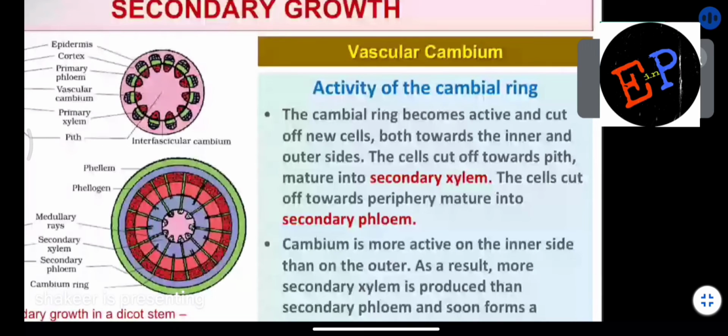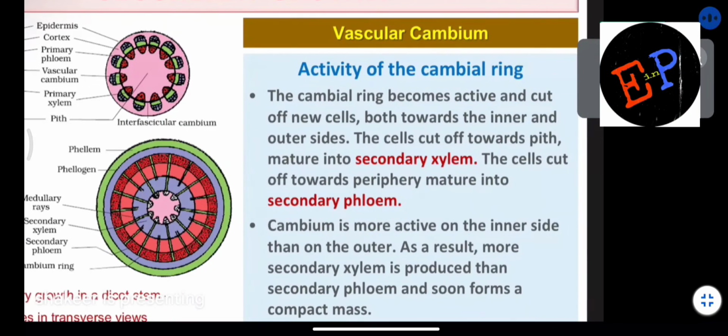What is the functioning of this cambial ring? Now see. The cambial ring becomes active and cuts off new cells. It starts dividing. On the outside it divides into secondary phloem.